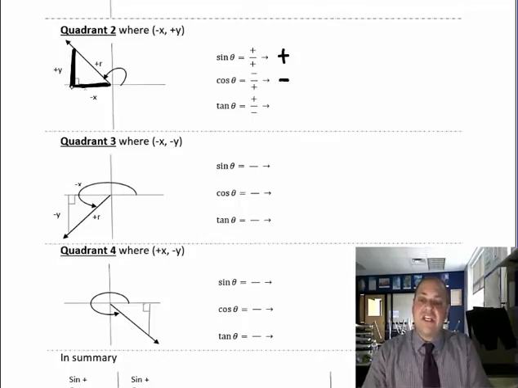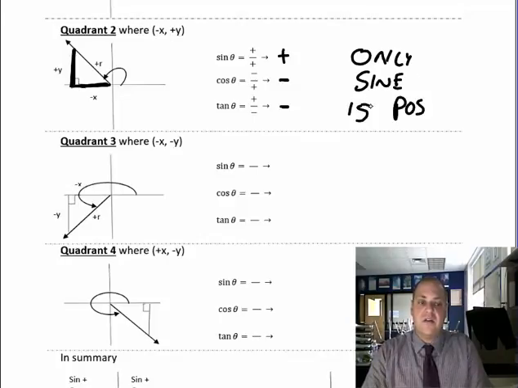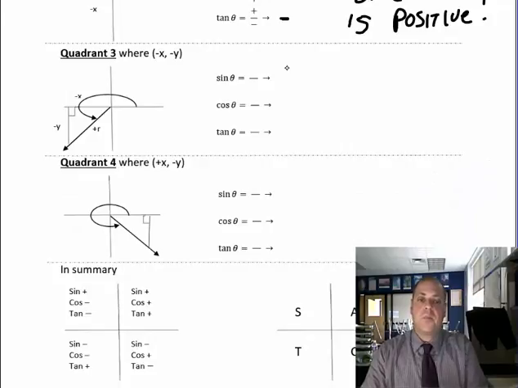And then the tangent is opposite over adjacent. A positive divided by a negative. Positive divided by a negative is a negative. So in the second quadrant, only sine is positive. Only sine is positive.